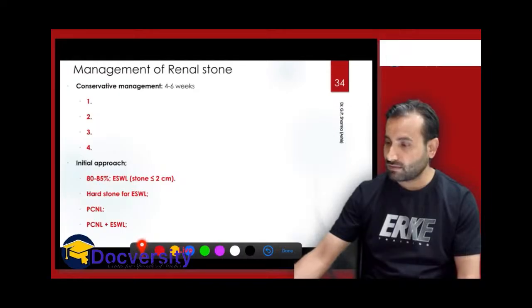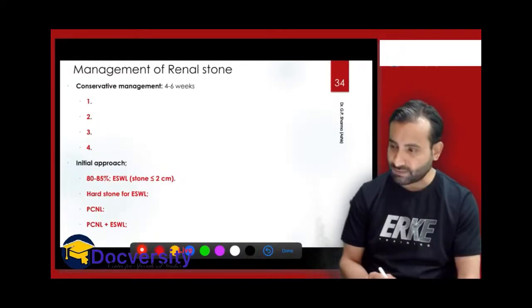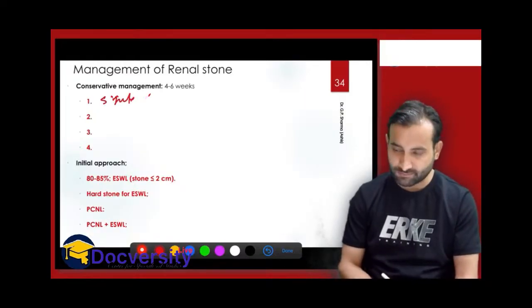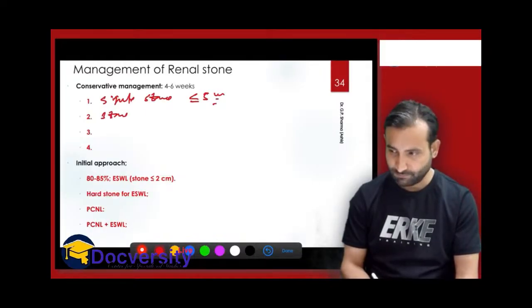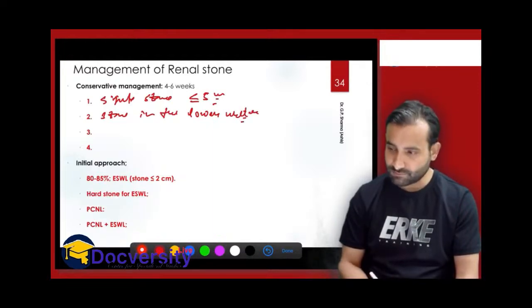Now let's go to the management of the renal stone. Conservative management we do for 4 to 6 weeks. What are the indications for the conservative management? If there is a single stone and it is less or equal to 5 millimeter. Another point, stone in the lower ureter, then we can do the conservative management.